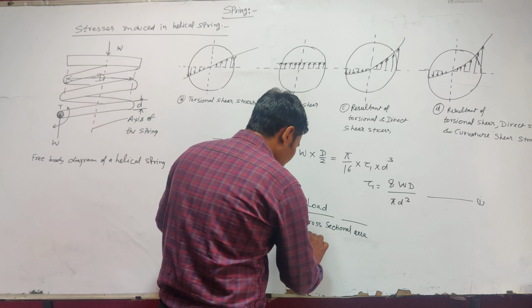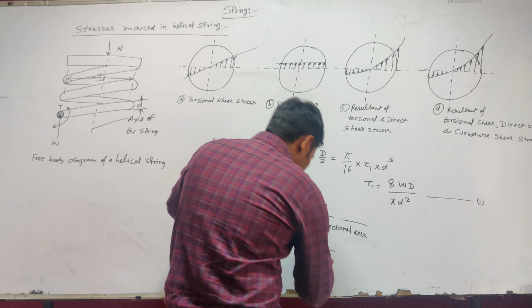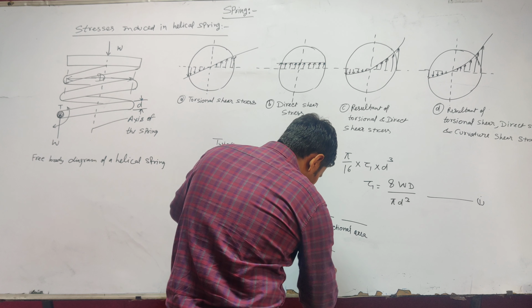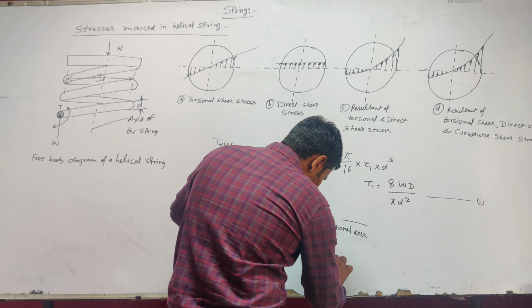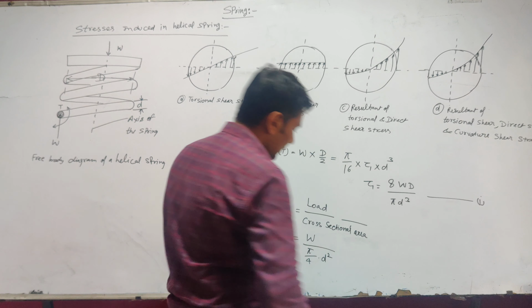This is equal to W upon pi upon 4 into d square. d is the spring wire diameter.